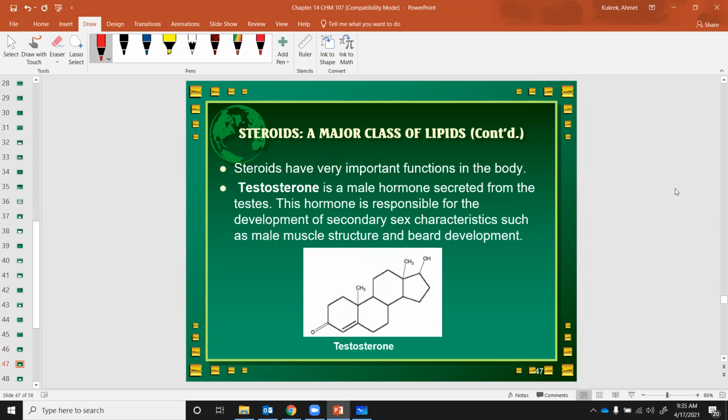And steroids have very important functions in our body. If I can give you one example, the hormone testosterone, a male hormone, is a steroid. We have the 1, 2, 3, 4 interlocking system.